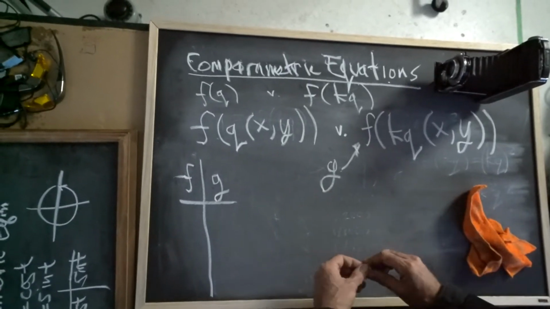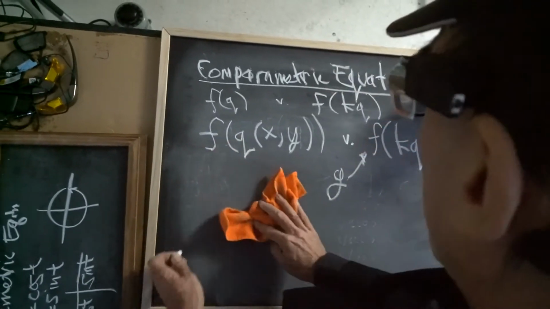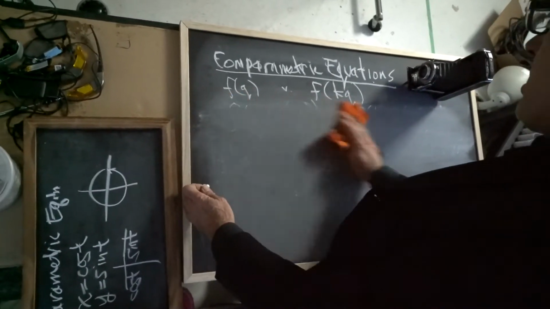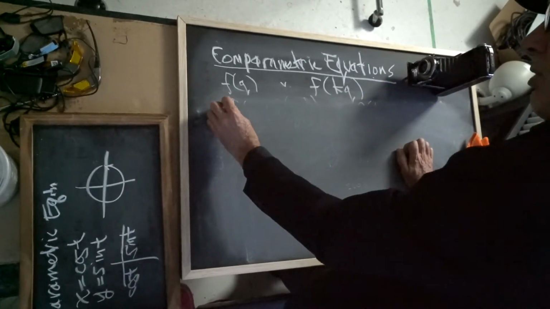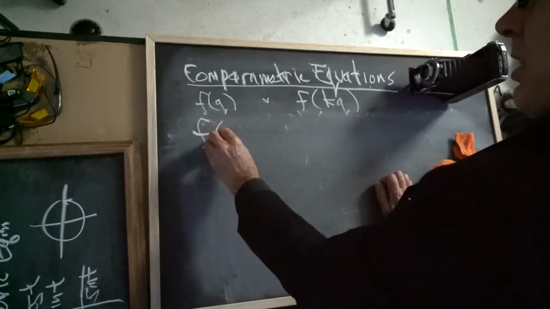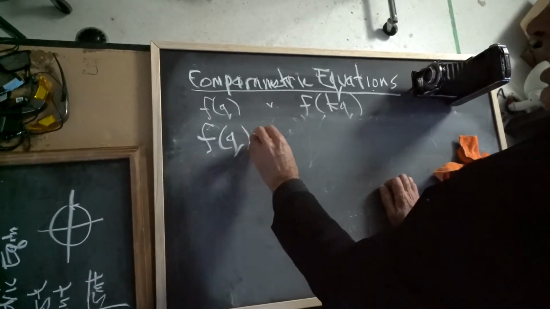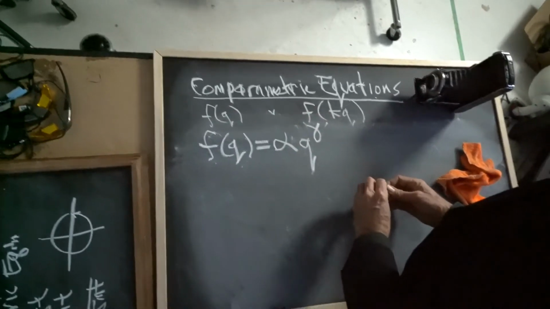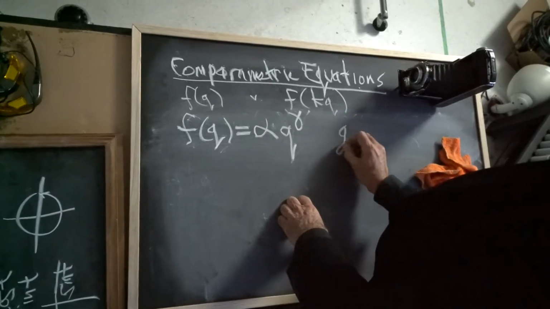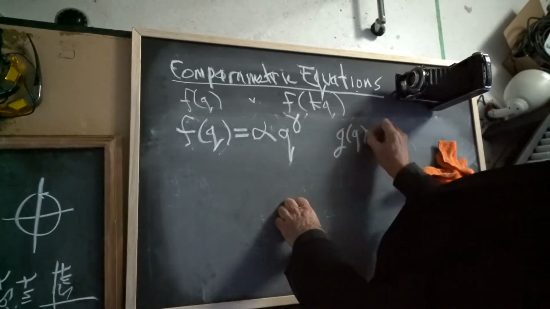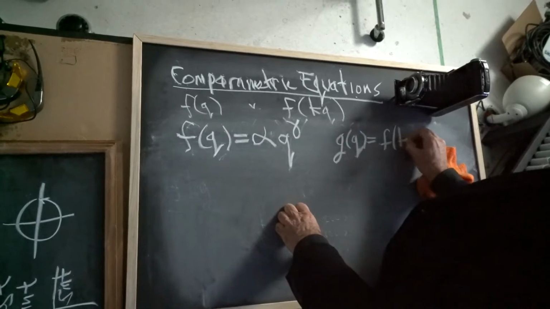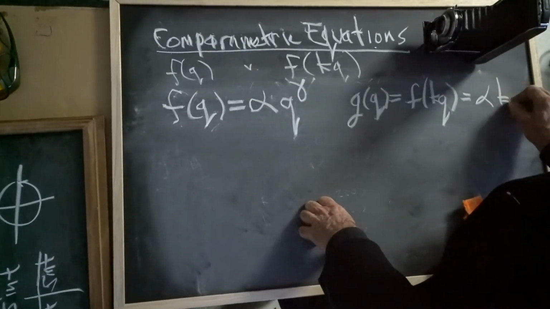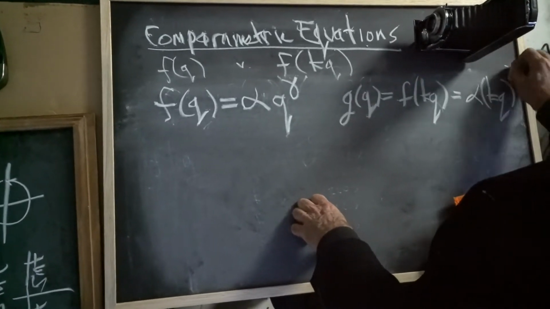So just as a simple example, let's go through another quick example so we understand, and we can develop this a little bit simply. Let's say we have f of q equals alpha times q to the gamma, and then g of q equals f of kq, which equals alpha kq to the gamma.